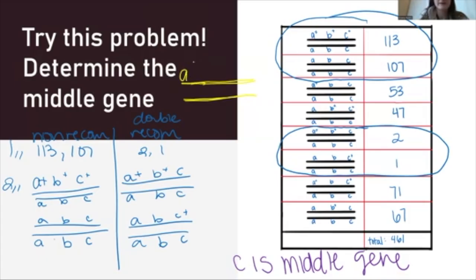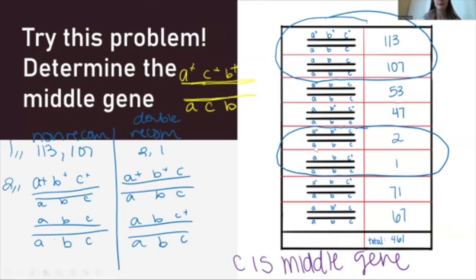So that means that she is something like A plus C plus B plus with A, C, B. And this is going to be helpful whenever we're talking about crossing over. So we found our middle gene, we determined what our heterozygote parent would look like, and we put it in the right order. All right.